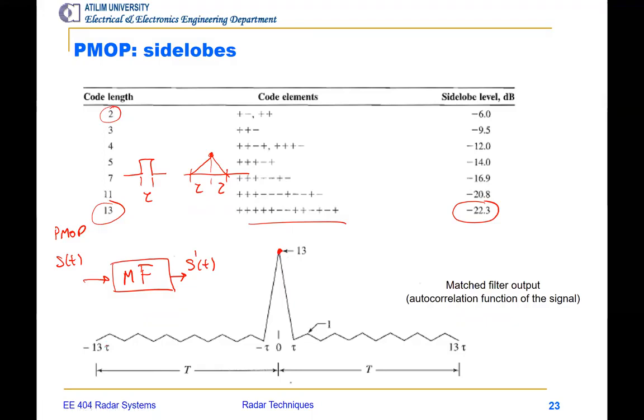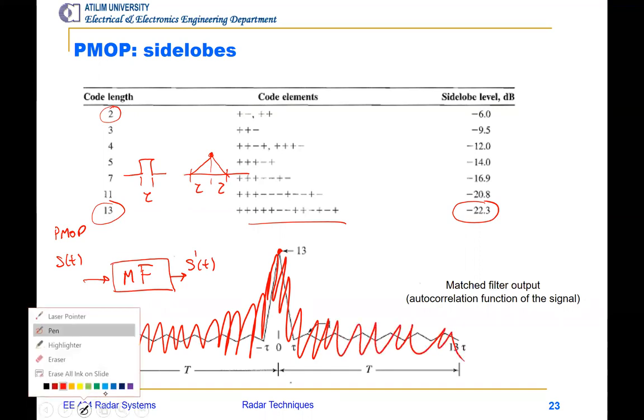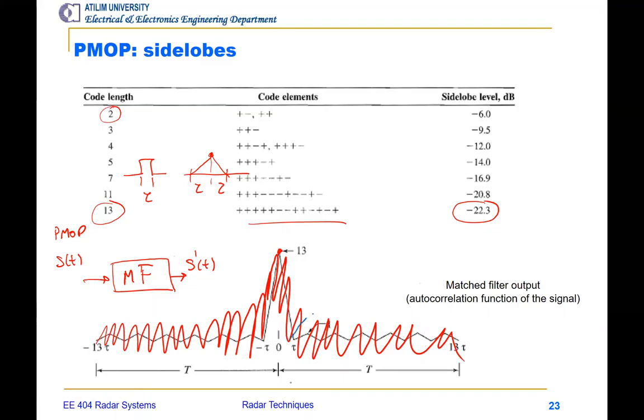When there is noise, the output is just a noisy version. And if I have side lobes, strong peaks in here, then it's likely that I can make an incorrect decision regarding the echo signal, whether there's a target or not.